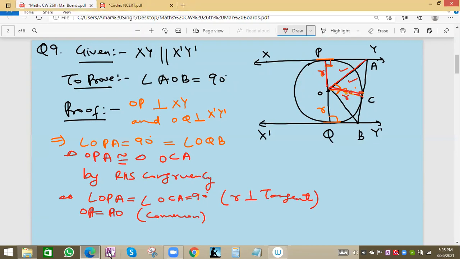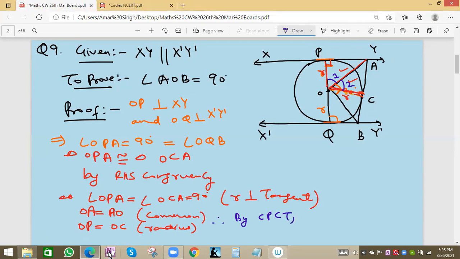OA is equal to AO, common side. And one more thing, OP equal to OC, R, the radius of the circle. So these two are congruent, so we can say this angle will be equal. So angle 1 equal to angle 2. Hence, by CPCT, corresponding parts of congruent triangles, angle 1 is equal to angle 2. This we can say is equation 1.